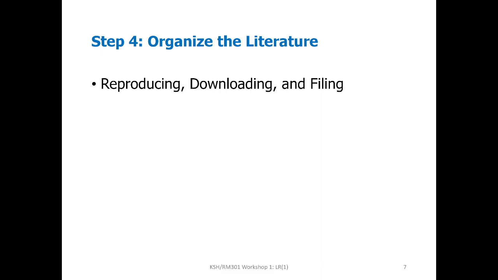Organizing literature includes reproducing. For example, if it is a hard copy, we can make a copy of that. For the soft copy, we can download it, and then we need to file them.